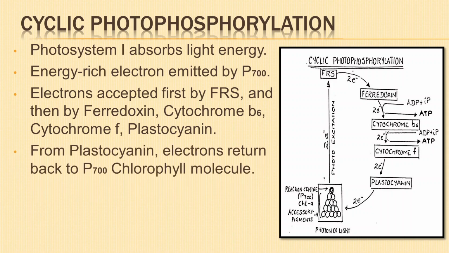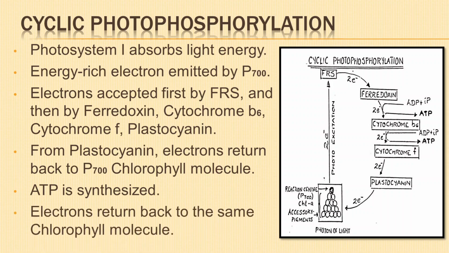From plastocyanin, the electrons return back to the P700 chlorophyll molecule. ATP molecule is synthesized when electron is transferred from cytochrome B6 to cytochrome F. Since the electron returns back to the same chlorophyll molecule, it is called cyclic photophosphorylation.